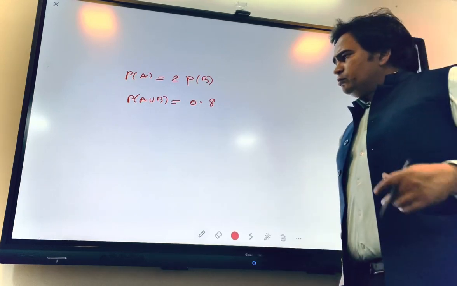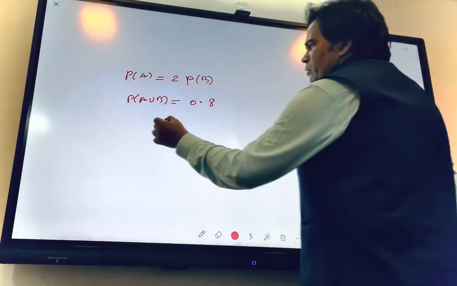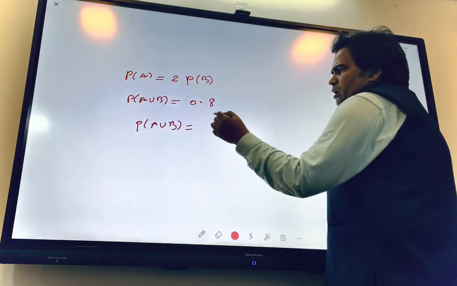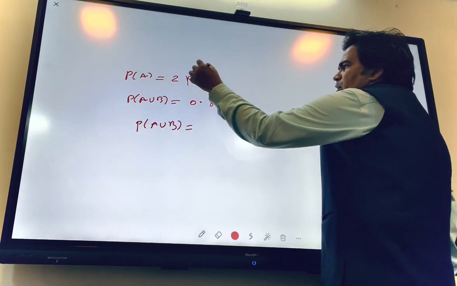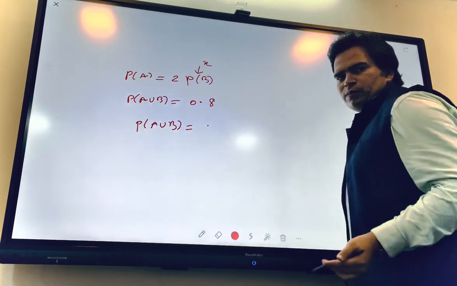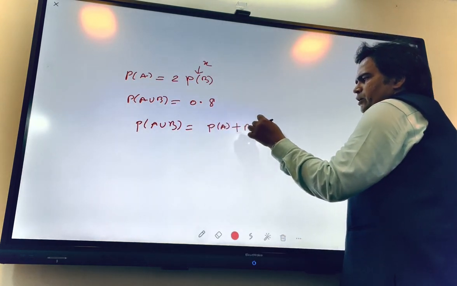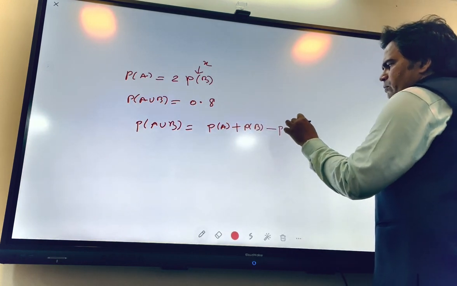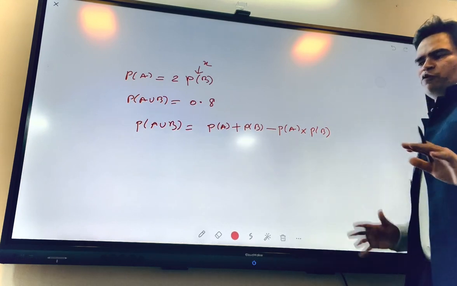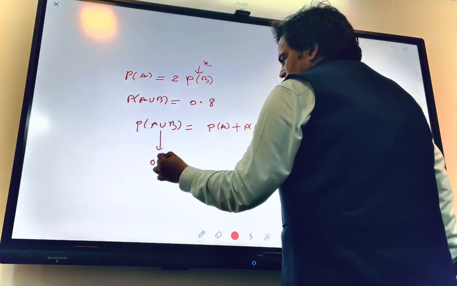So when you're finding the individual probabilities, let probability of B be x. So for probability of A union B, first you write down the formula. That's probability of A plus probability of B minus probability of A into probability of B. Once you've written the formula, then we can substitute the values. So this value we already know is 0.8.